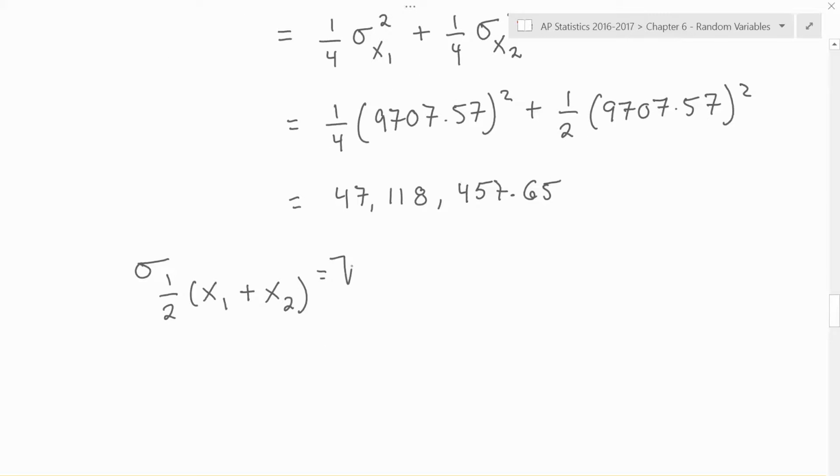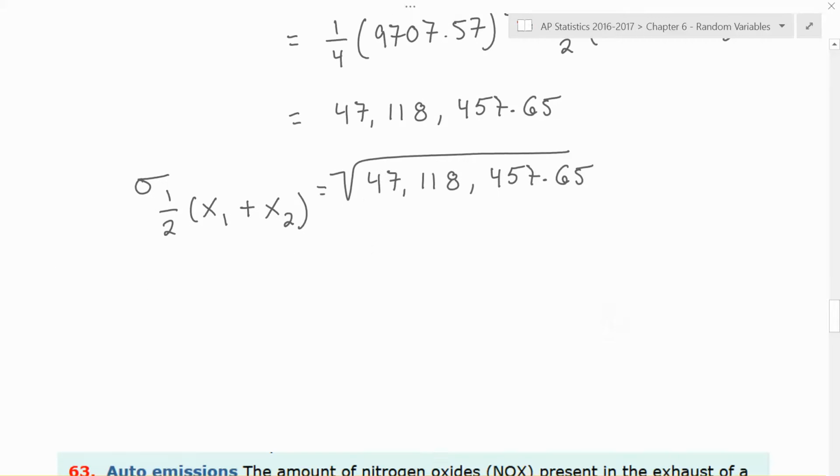To find my standard deviation, I need to take the square root of that number. I'm taking the square root of my variance. And that should work out to be 6,864.29.